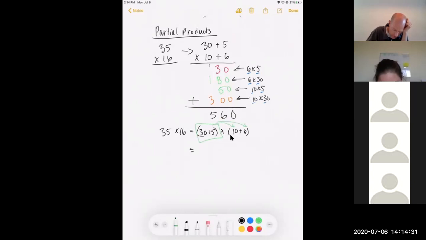And so this is a little bit about why it works. (30 plus 5) times 10 plus (30 plus 5) times 6. Okay. And then I'm going to use distribution from the back to do the rest of it here. So that's going to be equal to 30 times 10 plus 5 times 10 plus 30 times 6 plus 5 times 6.